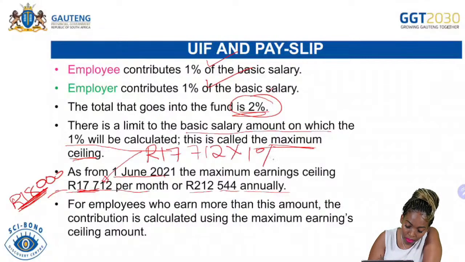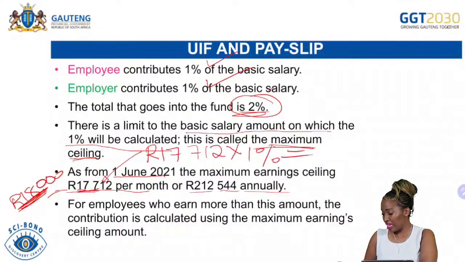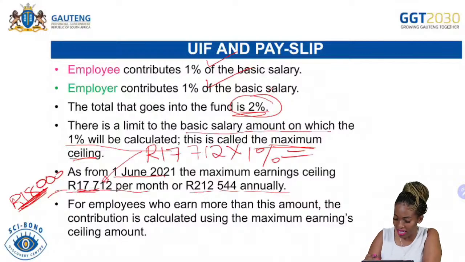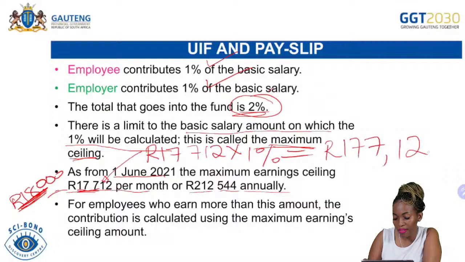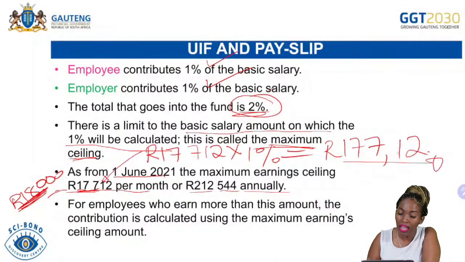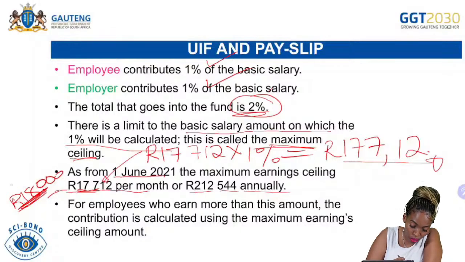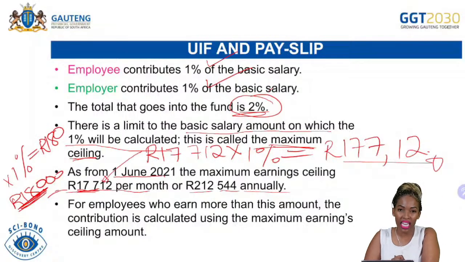So to calculate, it is 17,712 multiplied by 1%. Let's take out our calculators and press 17,712 multiplied by 1%. I am getting 177 rand and 12 cents. So that is the amount that you will contribute per month. Instead, if you had calculated 1% on the 18,000, the UIF would have been 180.